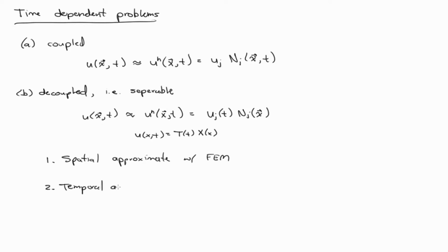And do a temporal approximation with something, right? Finite differences, essentially. Some form of finite differences. So we're going to approximate this time dependence, the time derivative du dt, with some increment in u or some increment in t.